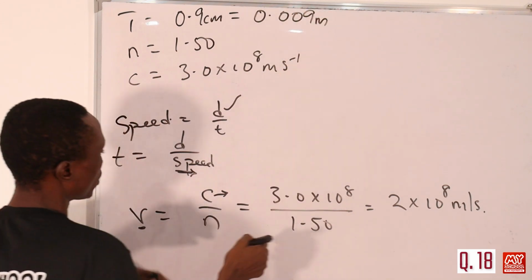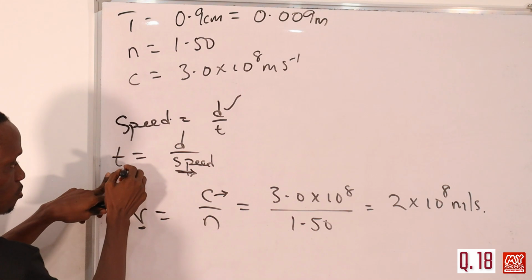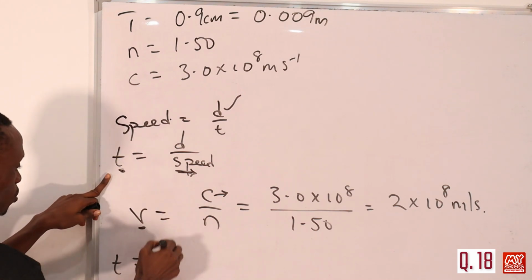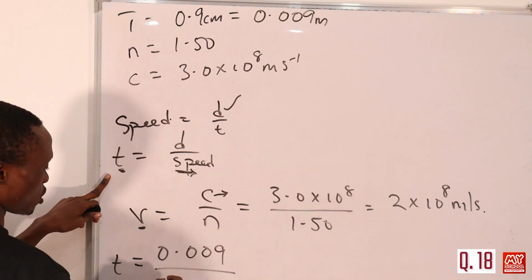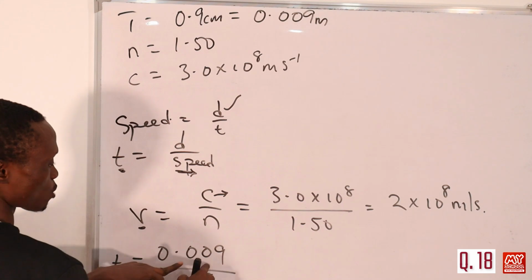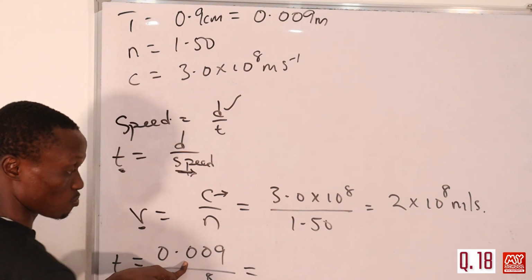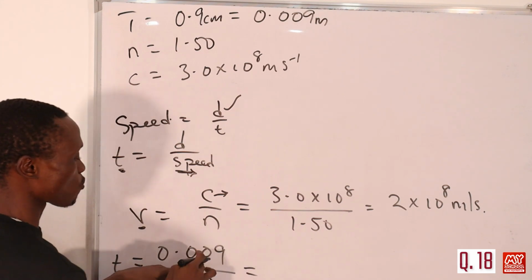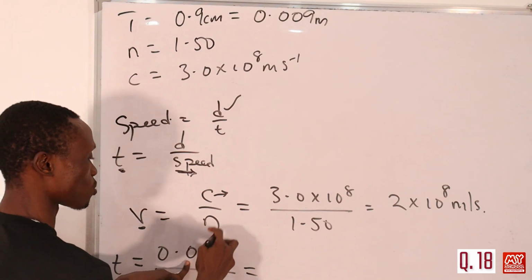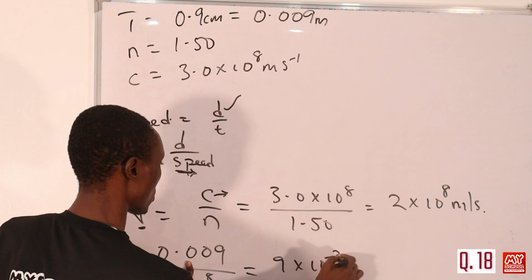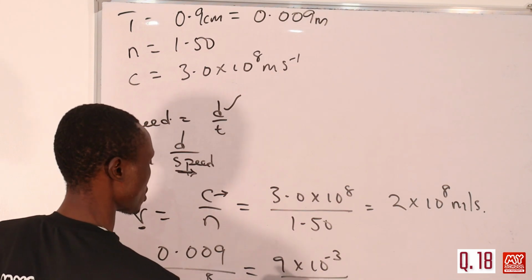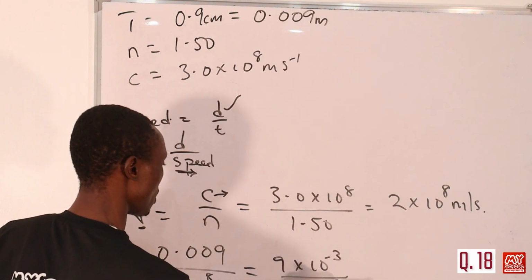If we do that, we have 0.009 meter. So we just substitute here since we are looking for time. So t is equal to 0.009 divided by the speed, which is 2 times 10 raised to power 8. Let's put this in standard form so that our division can be easier. We have 9 times 10 raised to power minus 3 divided by 2 times 10 raised to power 8.